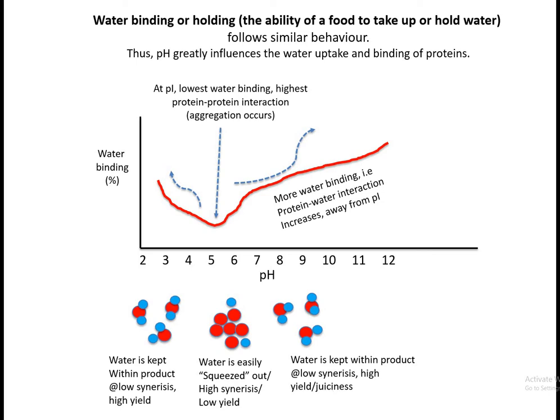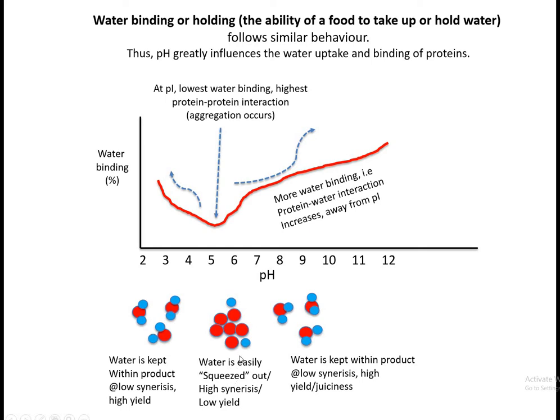Water is money. But in the isoelectric point region, the proteins favor forming interactions among themselves. We call this protein-protein interaction being in favor over the protein-solvent interactions. So in this isoelectric point region, water is easily squeezed out from the system.